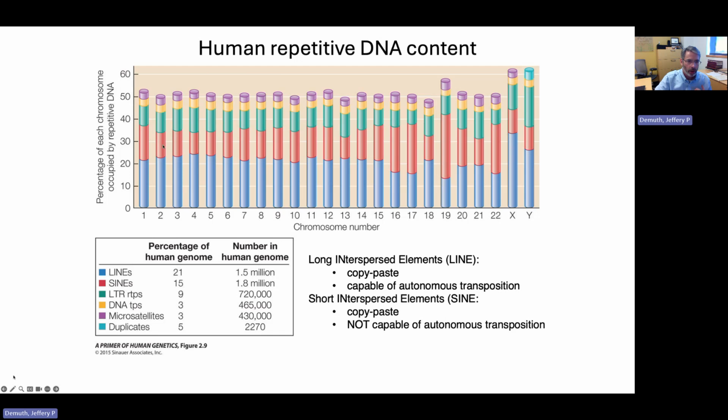Okay. So a huge proportion of the TE content is due to these retrotransposons. And in our genomes in particular, the LINE elements and the SINE elements are what's taking up 30+% if you combine those two.